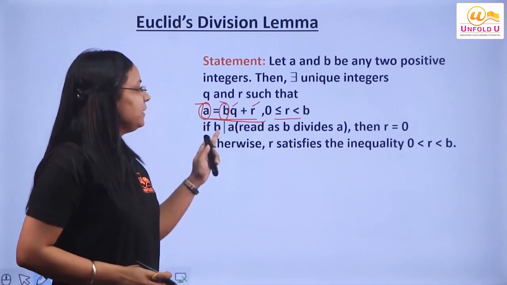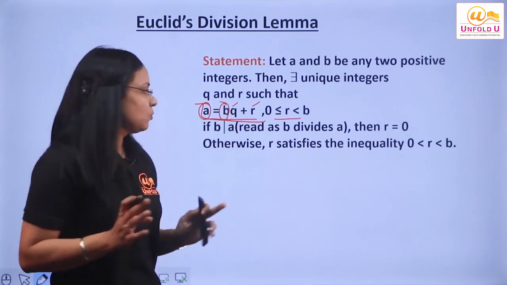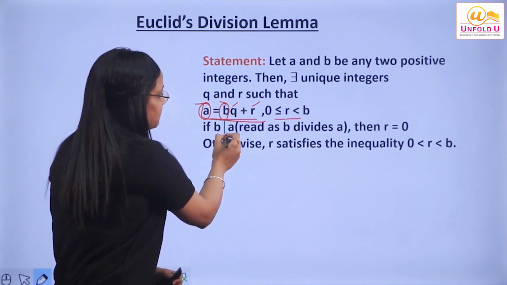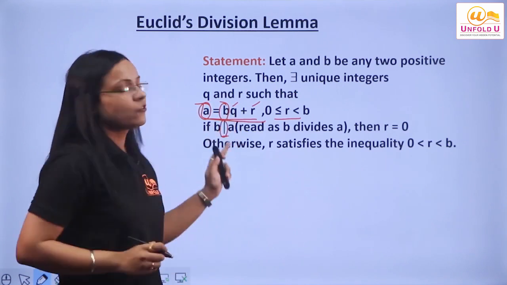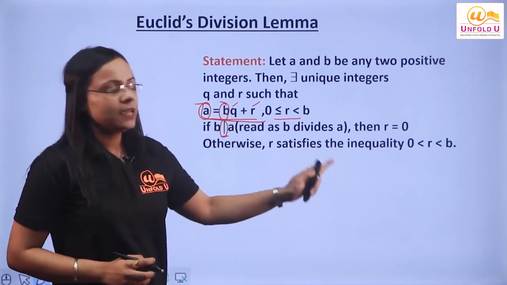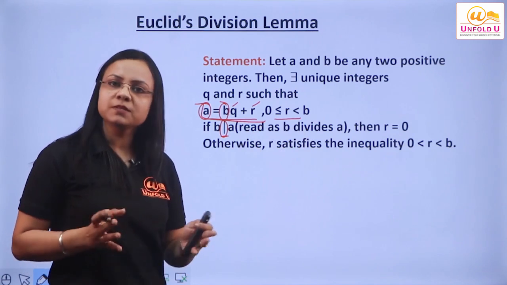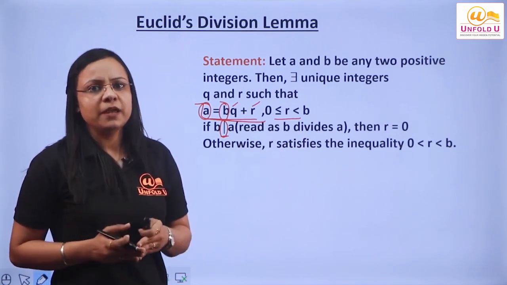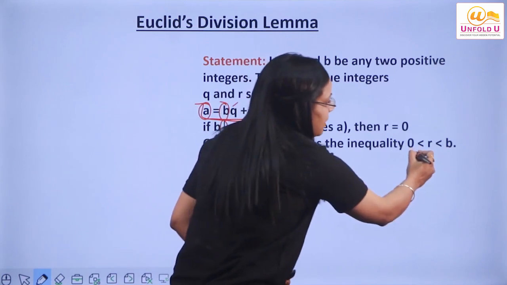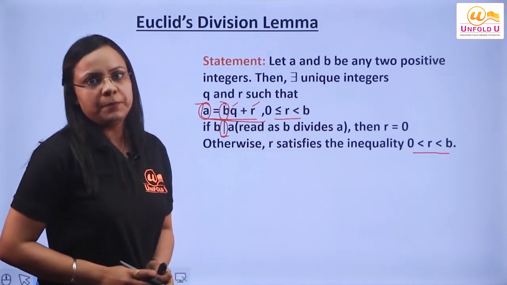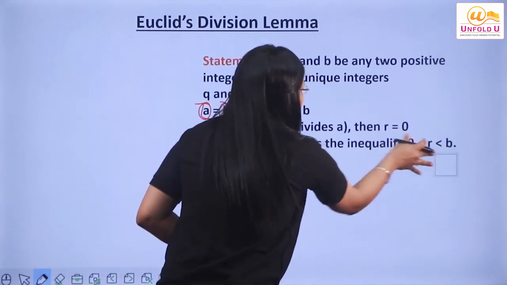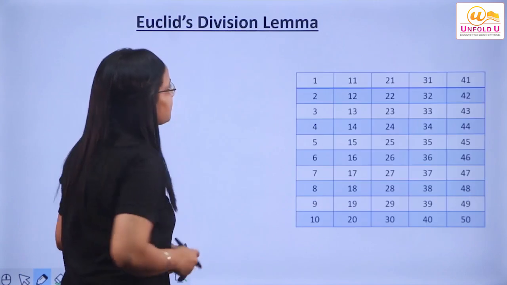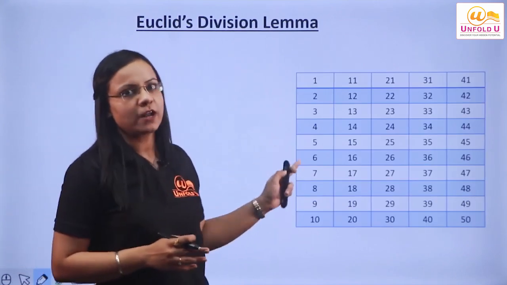Now if b divides a completely, we write it using this symbol. This is read as b divides a. Then the remainder in that case will be 0. And if b does not divide a, then we get some remainder and the value of that remainder lies between 0 and b.